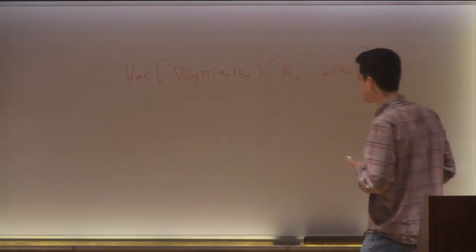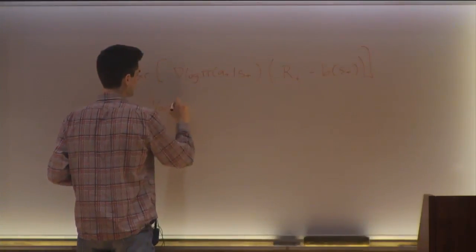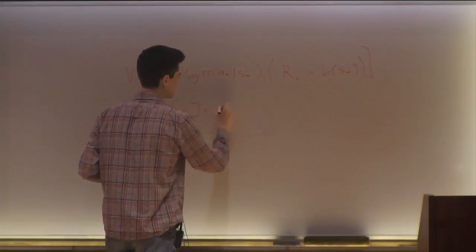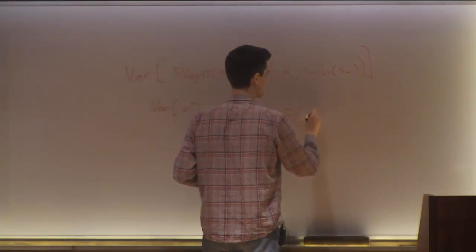As I showed before, when you have some random variable, the variance is just the expectation of the variable squared minus the squared expectation.